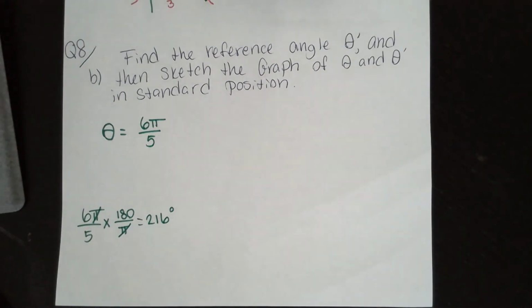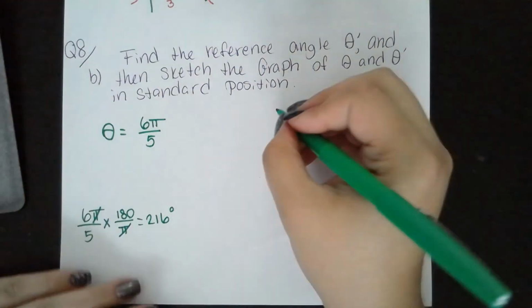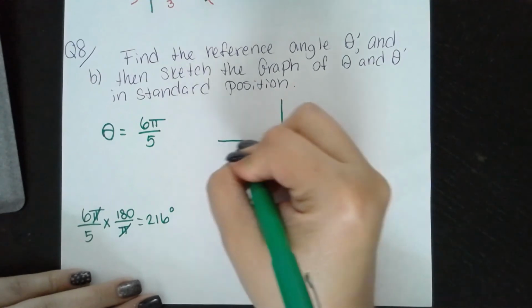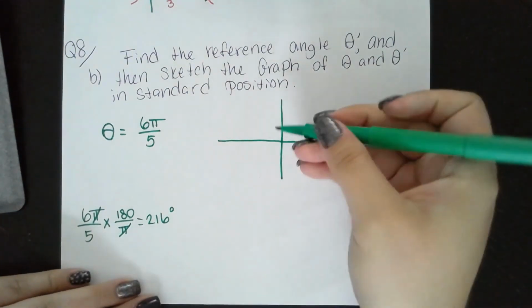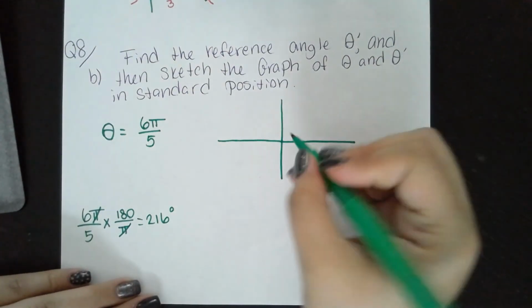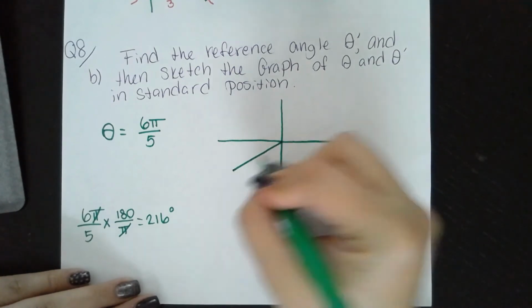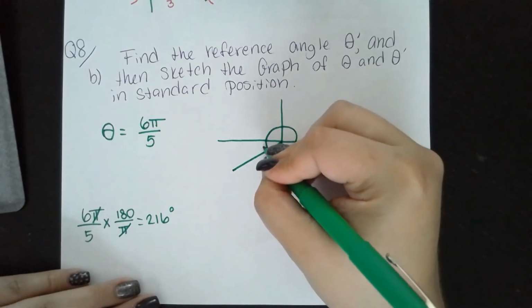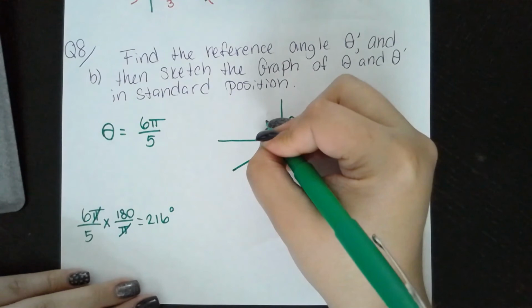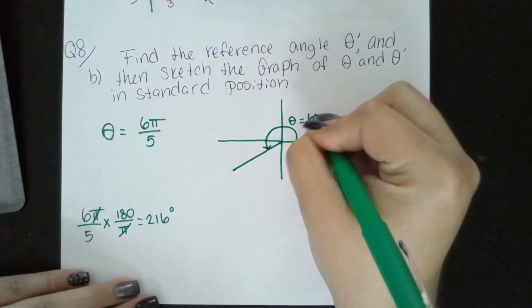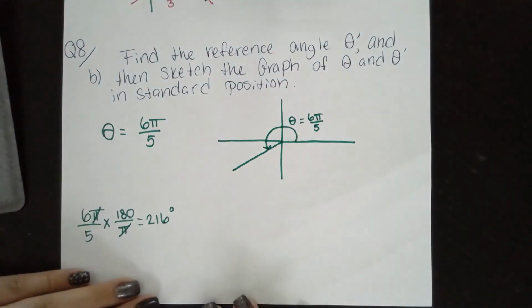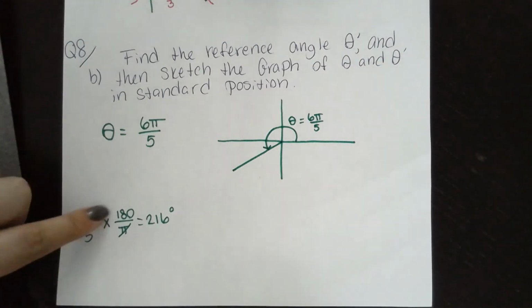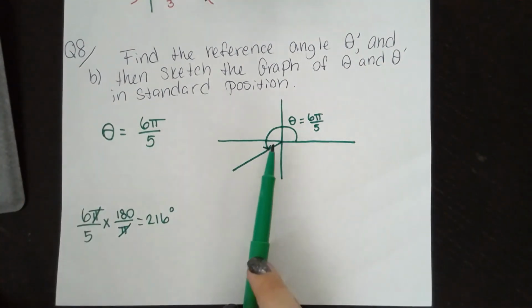So 216 degrees is in what quadrant? That's what you need to say to yourself. 216 degrees is greater than 180, so it's in quadrant 3. So this is 216 degrees, or this is 6 pi over 5. That's an easy way to determine where this angle lies.